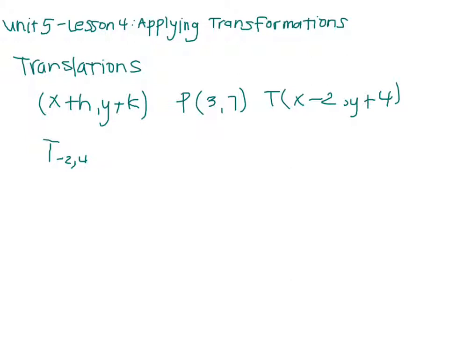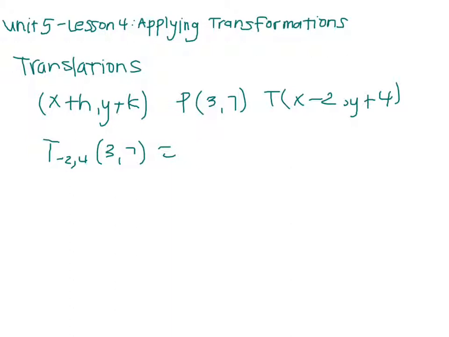Then we'll take point P, which was 3, 7, and put it up here. So now I'm given all of my information right in this spot. I know I'm doing a translation because it's t. I know that I'm going to be going down 2 and to the right 4, and then I know that this is the point that's going to be translated.